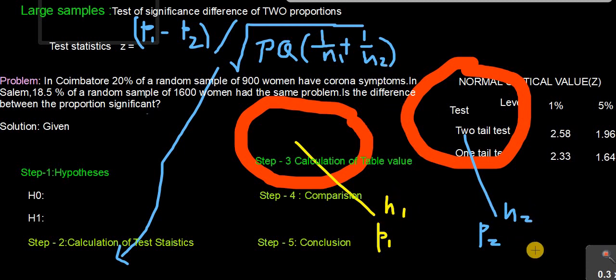Now what about capital P, and what are capital P and capital Q? I will explain that now. It is coming from a formula.